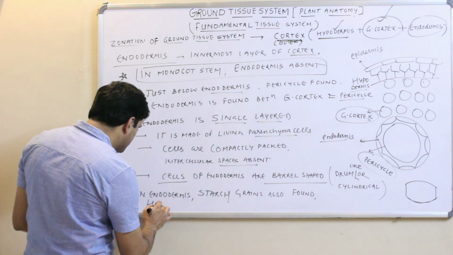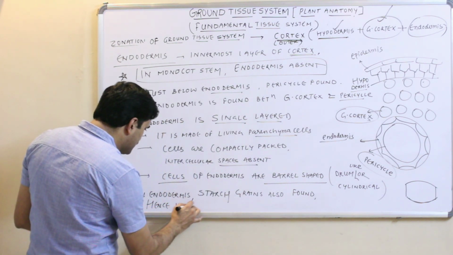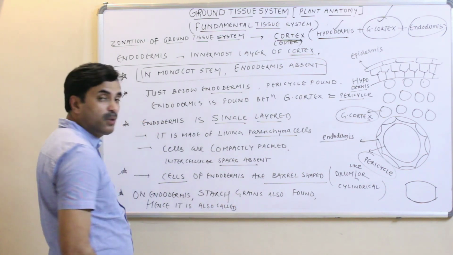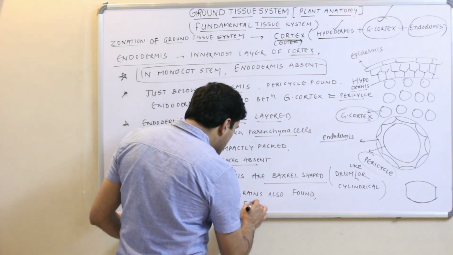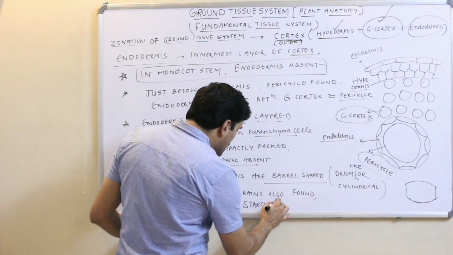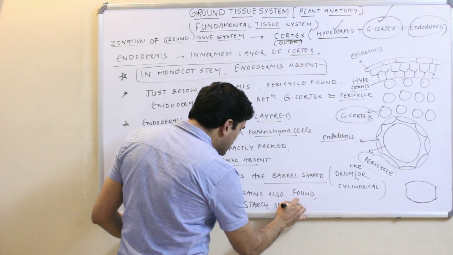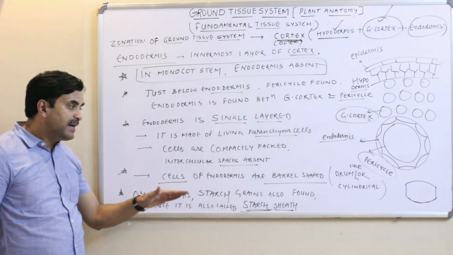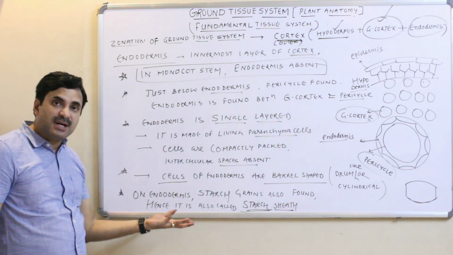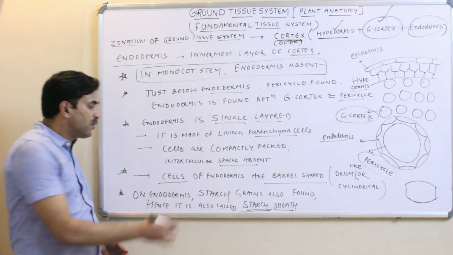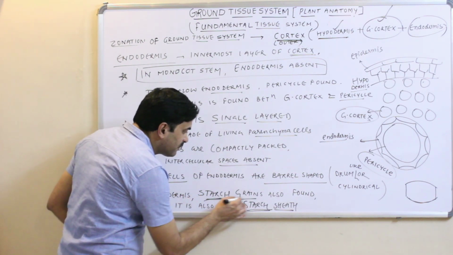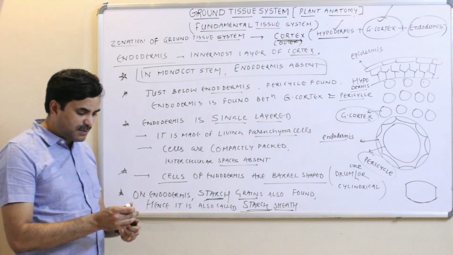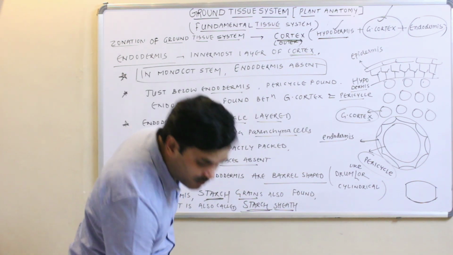Hence, it is also called starch sheath. So if somebody asks you what is starch sheath, it is nothing but the endodermis only. And why is it called a starch sheath? Because it consists of the starch grains.